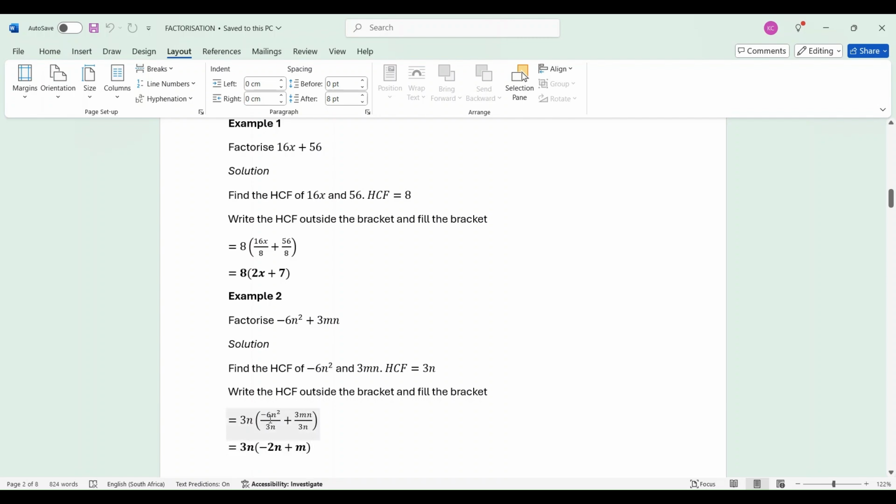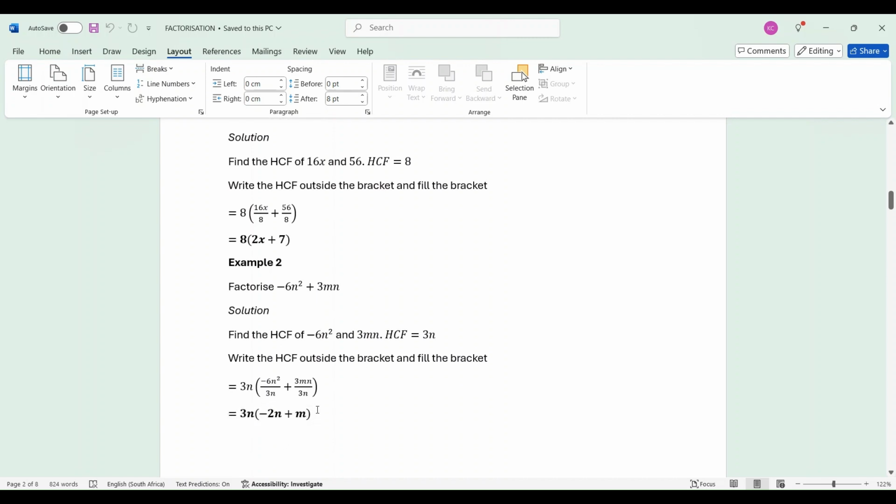Then we have minus 6n squared divided by 3n, we end up having minus 2n, plus this 3mn divided by 3n, we'll be left with m, to get a final answer of 3n factor of minus 2n plus 3.